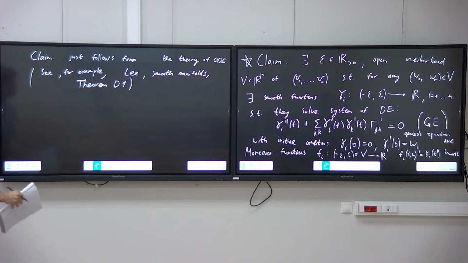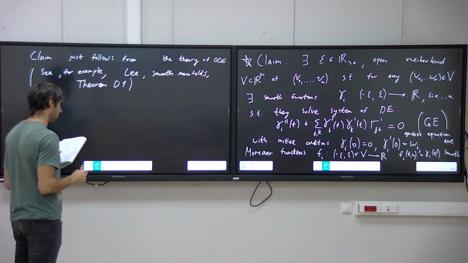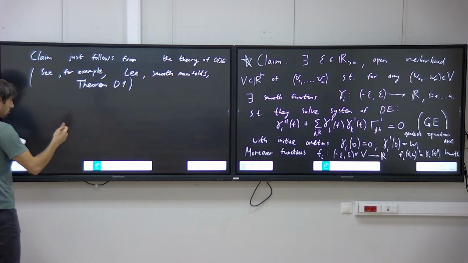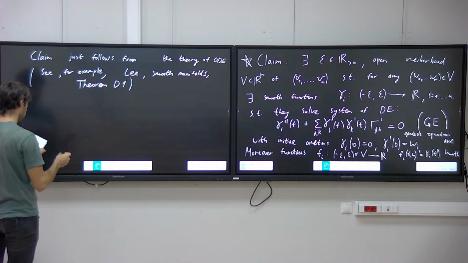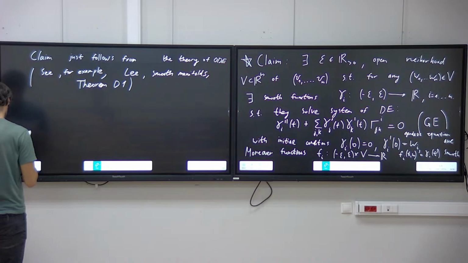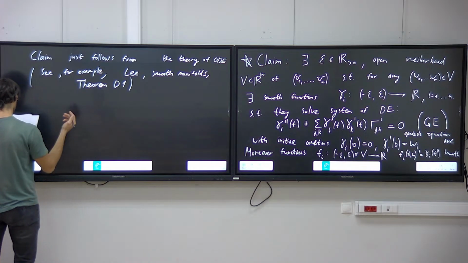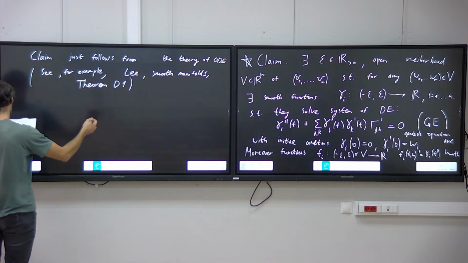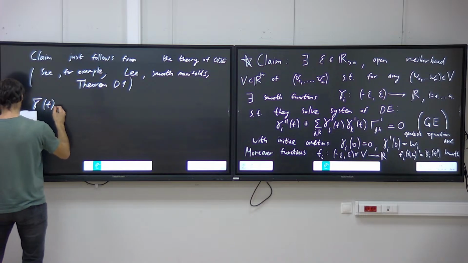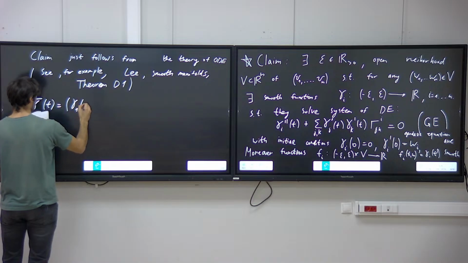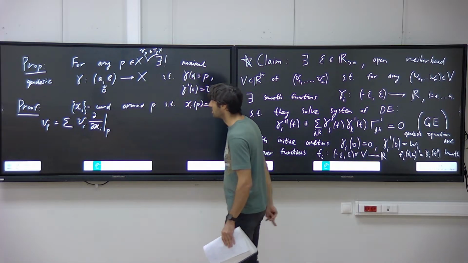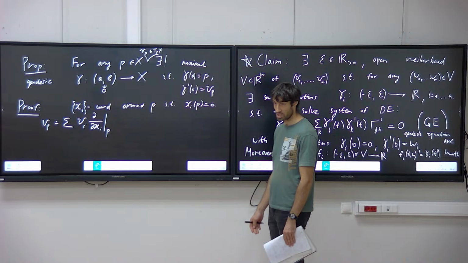Okay. So this is one thing I need. And then, how to apply the claim? We are proving the existence of such things. So I have my gamma^i's, therefore I can consider gamma bar of t, which is just a curve given by these components. What are we proving right now? We are proving that there exists a unique maximal geodesic.